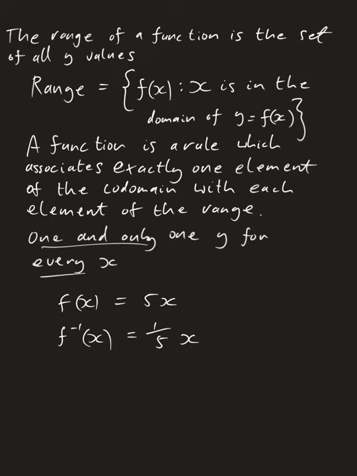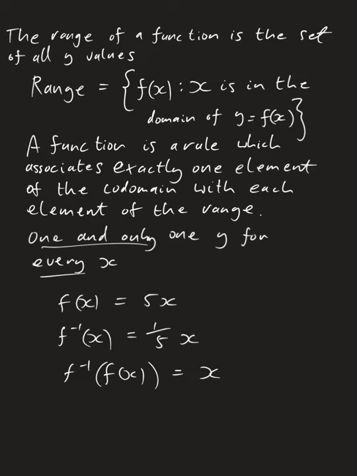So if you put in a y value from f of x, you get back your original value. So for example, f inverse of f of x is always going to be equal to x, right? It's the function that goes backwards, or the inverse function.